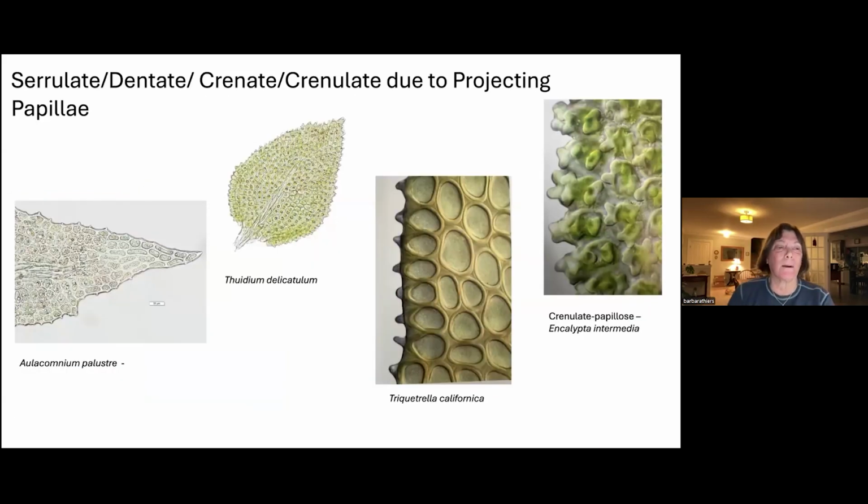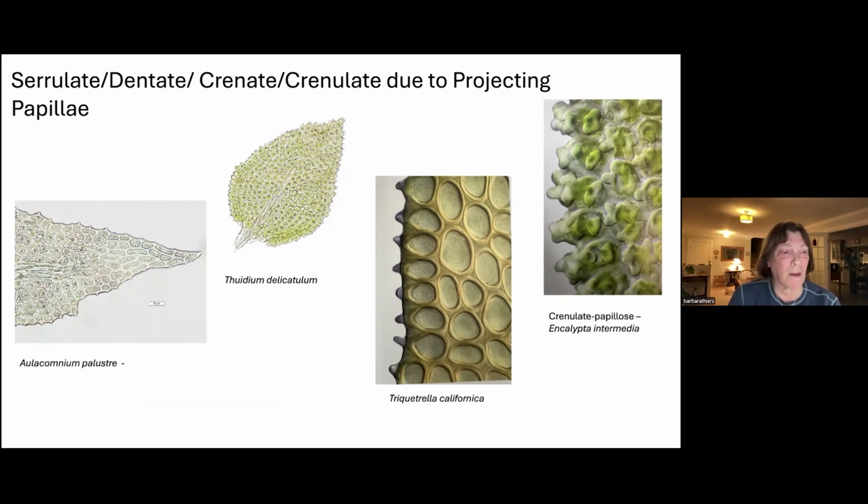Then you have to be careful sometimes that a margin can look like it's got teeth on it, but what it really has are projecting papillae from the cells. When you flatten the slide out, the papilla on the marginal cell tends to stick out.